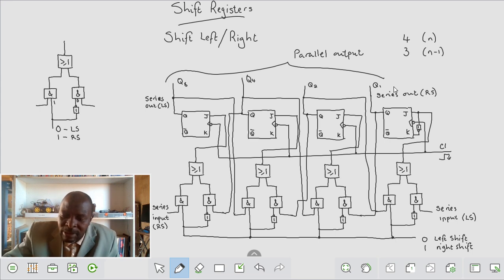In the next phase, what I want to look at is parallel in. How do you have a parallel input, and how do you control the output? Let's suppose these Qs were supposed to run certain gadgets.